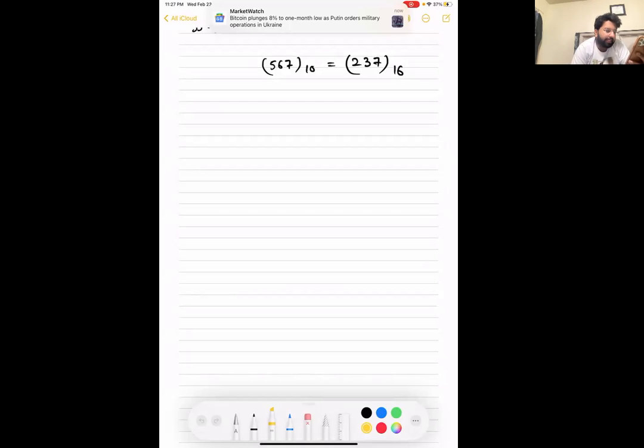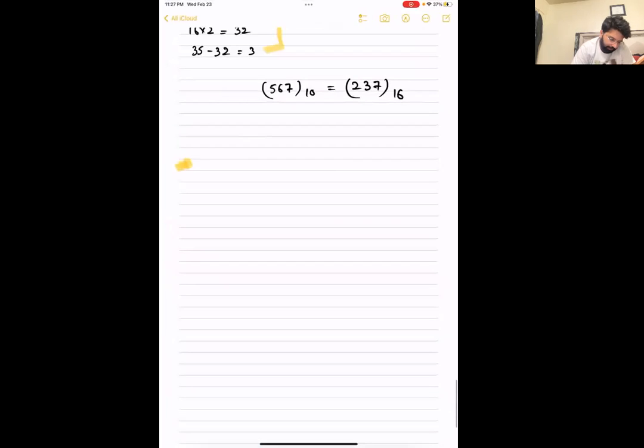Okay, the next problem is we have to convert the hexadecimal numbers to decimal. So base 16 to base 10. So the first problem is AEF in 16 to something in decimal.